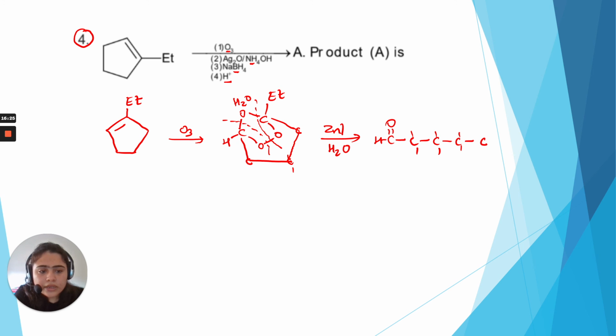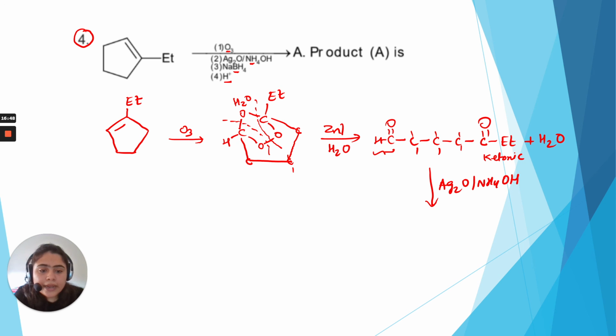Then this one, double bond O, and then Et plus H2O2. So here we are having an aldehyde group, you can see C double bond OH, and here we are having C double bond O, C2H5, that is the ketonic group.